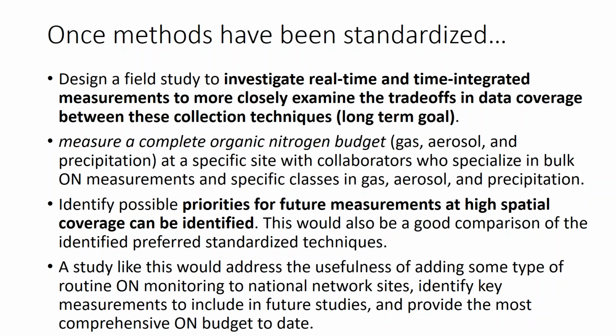And this would be a chance to measure a complete organic nitrogen budget, because we could do this for the gas, aerosol, and precipitation samples. Ideally with a lot of collaborators who specialize in these specific techniques and in the different types of classes. And this would be great to have the organic nitrogen budget, but it would also probably identify priorities for future measurements, which we would want to do at the highest spatial coverage possible.